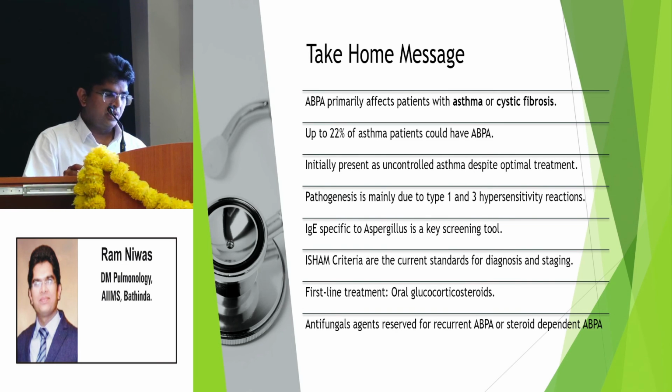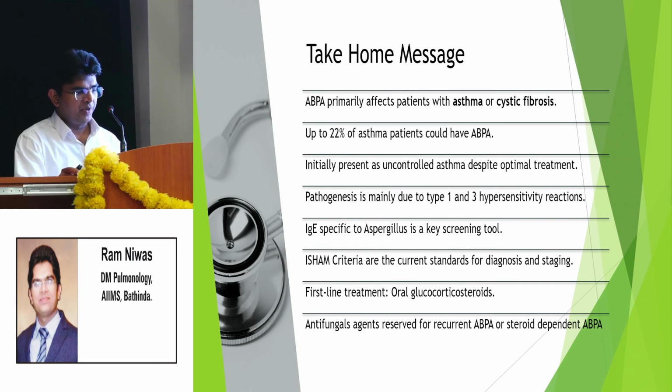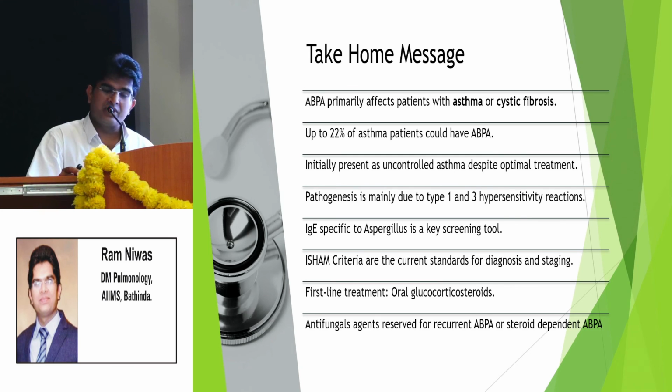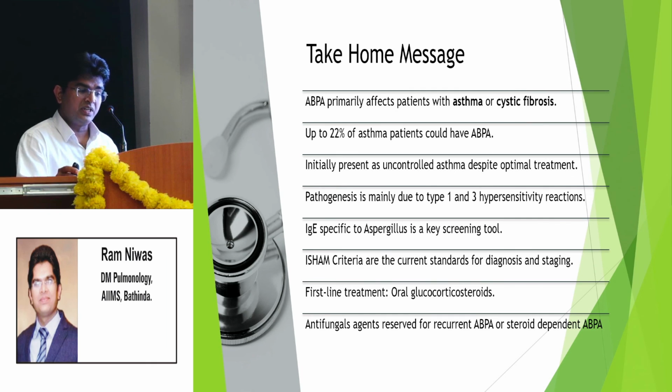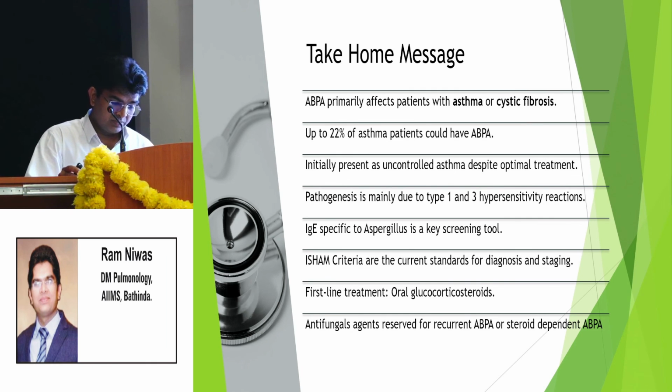So the take-home message is that ABPA primarily affects patients with asthma or cystic fibrosis. Up to 22% of asthma patients could have ABPA. ABPA patients initially present as uncontrolled asthma despite optimal treatment. Pathogenesis is mainly due to type 1 and type 3 hypersensitivity reactions.